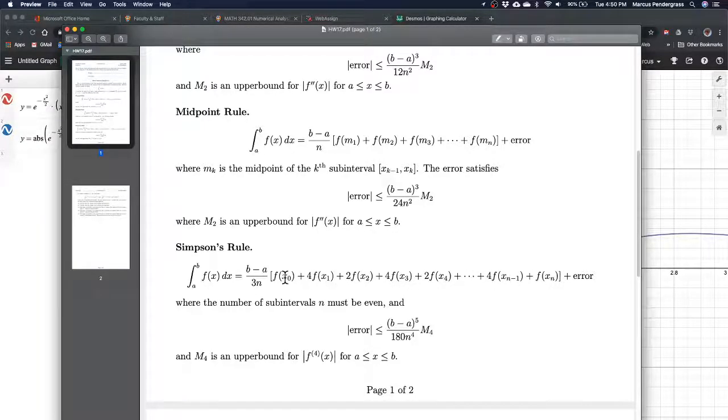So notice you're evaluating f at the nodes, x1, x2, x3, all the way up to x24 in this case. But you have this 1 and then 4, 2, 4, 2, etc. pattern that ends with a 4 and a 1. Those are the coefficients in front of f.